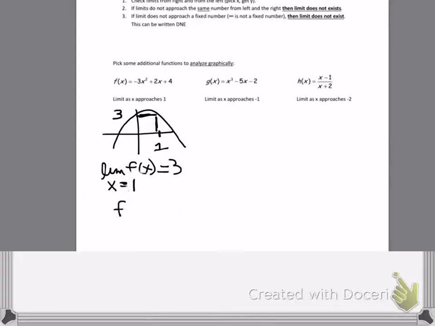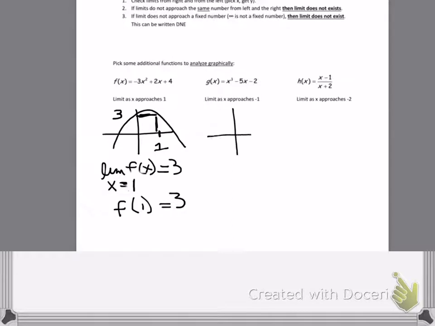The function value, because this is not a complicated function, there are no holes, no issues, no asymptotes, so the function evaluated at 1 is also 3. So the limit exists, and the function can be evaluated at that x value, and both of those values will be 3.